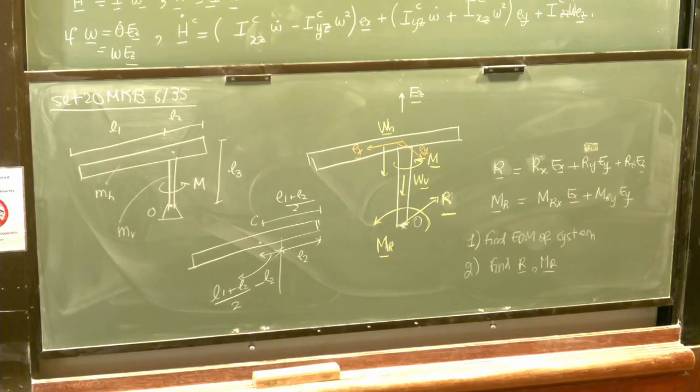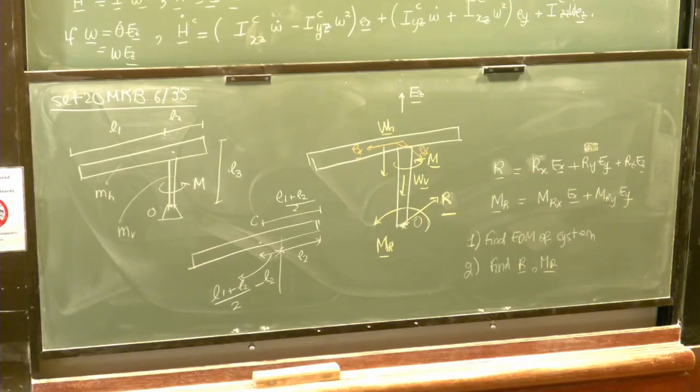Do you have any questions for me? I think I'm about to finish. Okay, can I see where you're calculating the reaction moment? Just the expression. Sorry, the sum of moments about O. I want the expression initially.